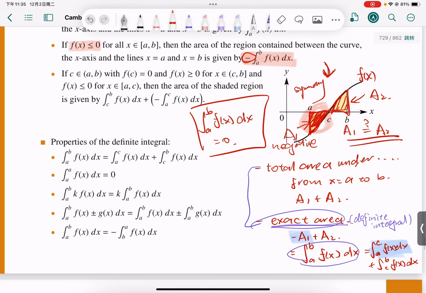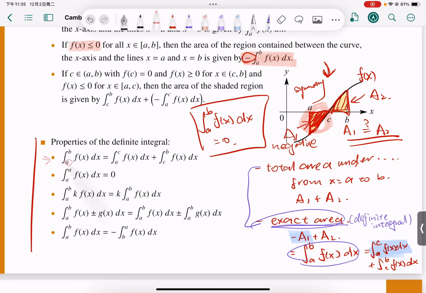Here are some properties of the definite integral, which are very important, but they're logical, so you don't have to actually remember them. Let's start with the first one, which is about the upper and lower bounds.